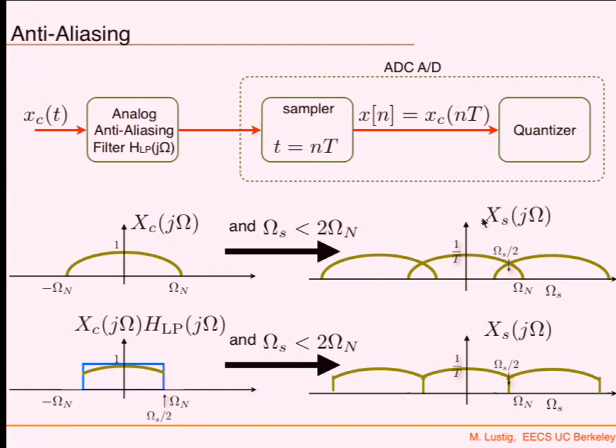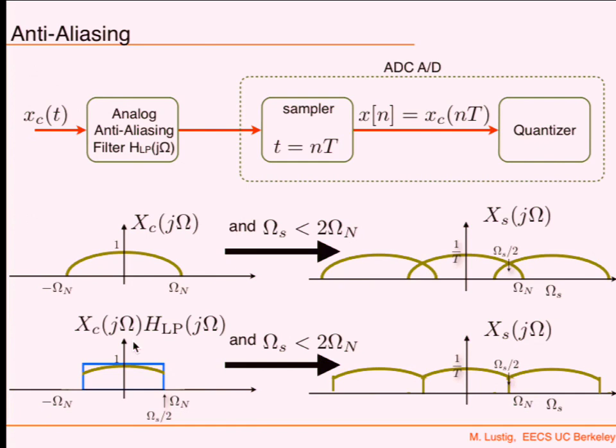If I have the filter, I'm going to crop X sub c by that low-pass filter, so I'm always guaranteed that it is band limited. I'm going to throw some stuff away, but it's still going to be band limited. Because I throw stuff away, my signal is not going to have aliasing.